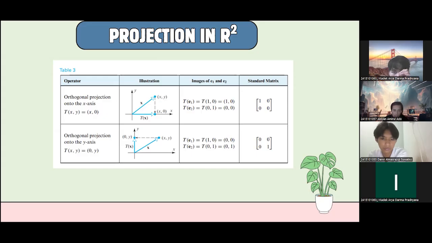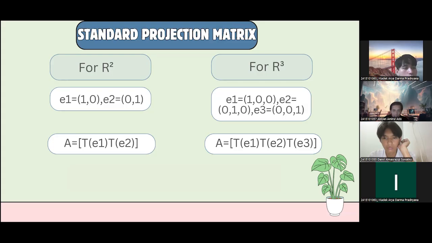On the y-axis, T(x, y) equals (0, y), with standard matrix [0, 0; 0, 1]. Then the standard projection matrix for R2 uses A1 equals (1, 0) and A2 equals (0, 1), and we transform into the standard matrix [T(A1), T(A2)], and for R3, A1 until A3, with standard matrix [T(A1), T(A2), T(A3)].